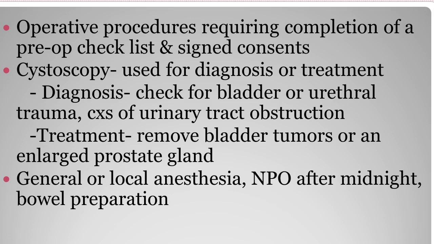A cystoscopy is usually done if these patients, for instance, have repeated bladder infections. We want to look around in that bladder and see what would be causing the person to have recurring bladder infections. Years ago when I was a student nurse, we used to have cysto rooms on the units themselves, so the patients would not even have to leave the floor. It can be performed under either general or local anesthesia.